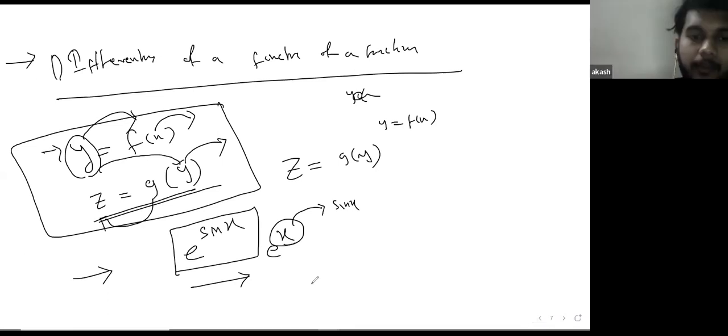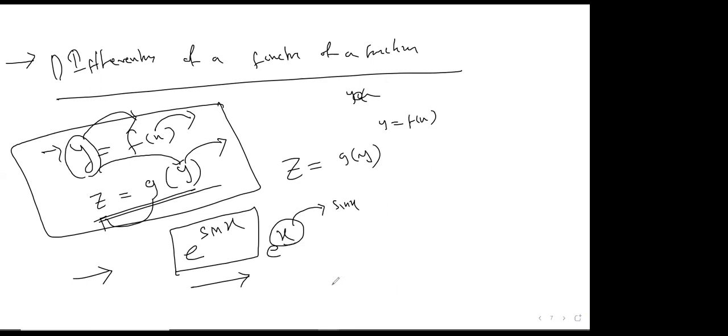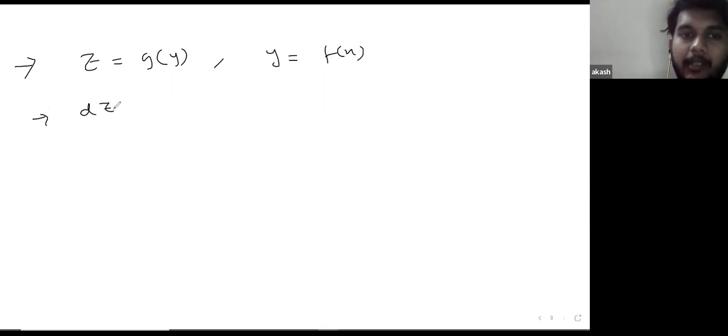So here is one basic formula. If you have z equals g of y and y equals f of x, then how to find dz upon dx?